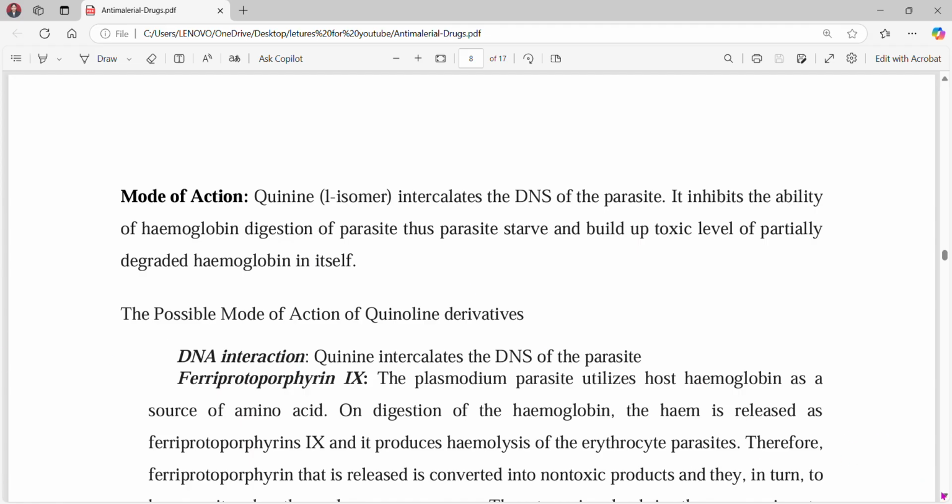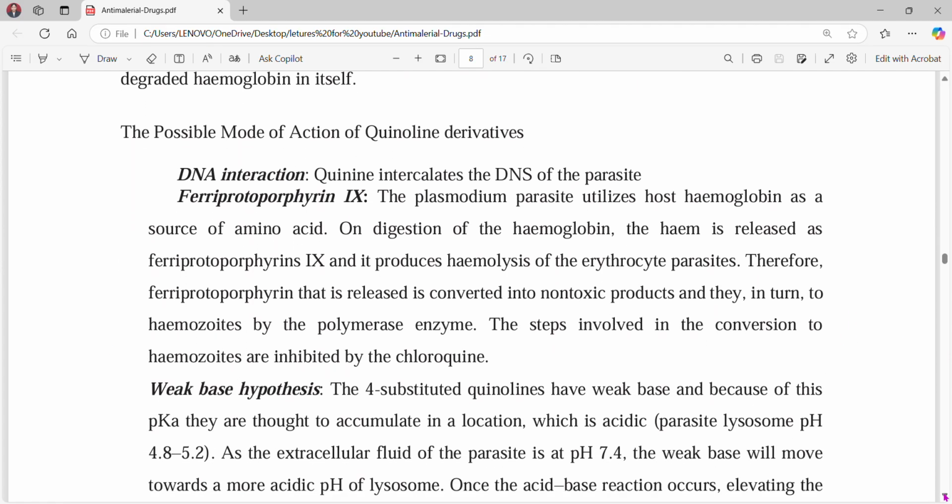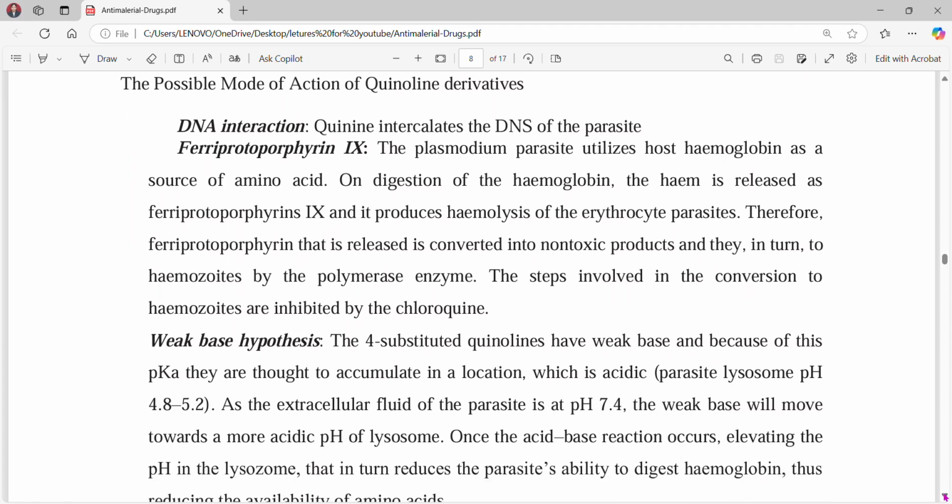So the possible mode of action for the quinoline derivatives is that they degrade the hemoglobin in their cell. That heme is released as ferriprotoporphyrin and produces hemolysis of the erythrocytic parasite. So these drugs couple with the heme cell and produce ferriprotoporphyrin 4 and give the hemolysis of the erythrocytic parasite.